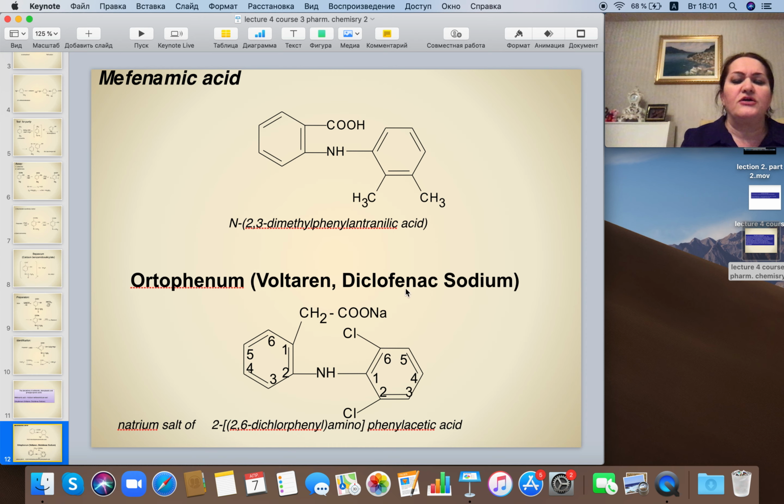Orthophen or Voltaren, diclofenac sodium, also belongs to non-steroidal anti-inflammatory remedies, but it is not a derivative of anthranilic acid. It's a derivative of phenylacetic acid, because in the base of this structure lies phenylacetic acid, and the chemical name of this preparation is the sodium salt of 2,6-dichlorophenylamino phenylacetic acid.